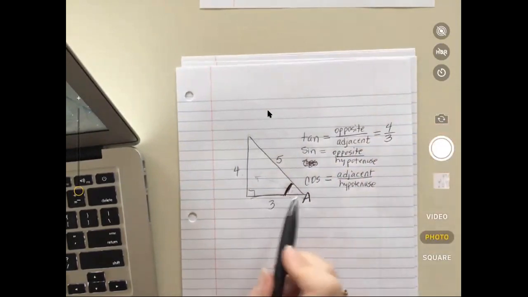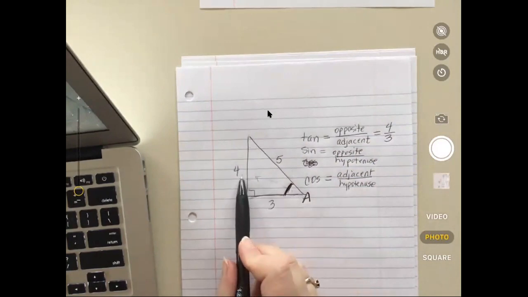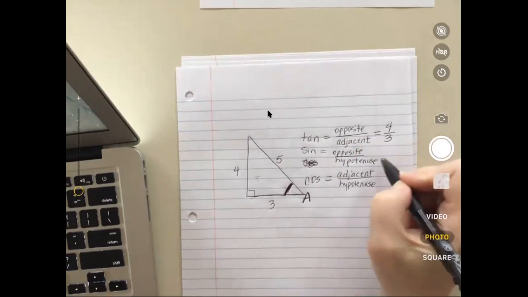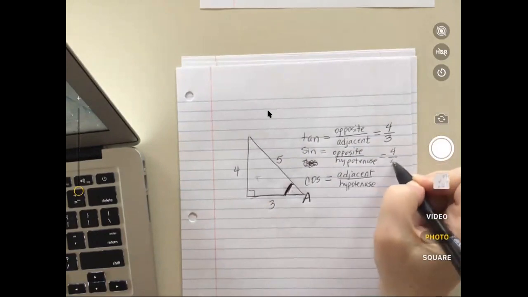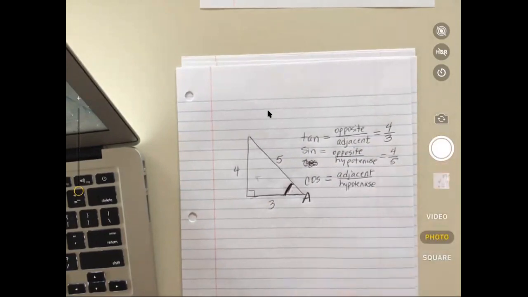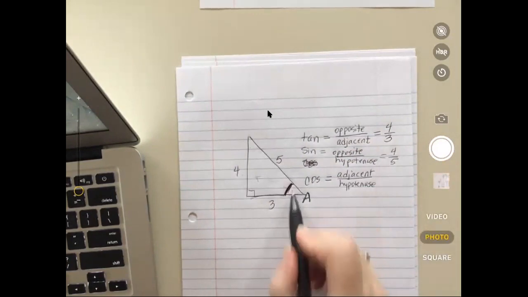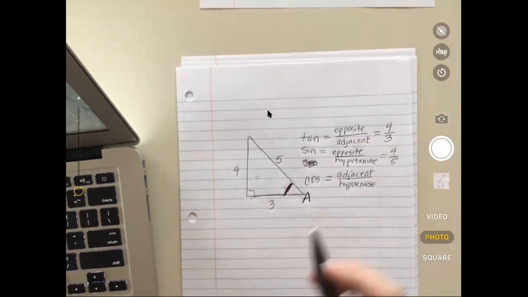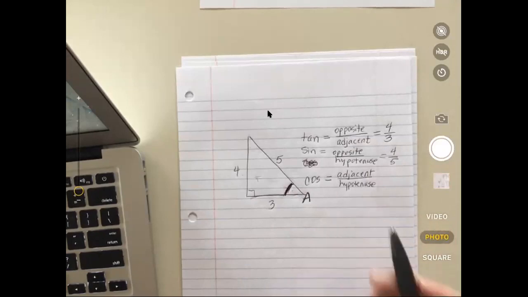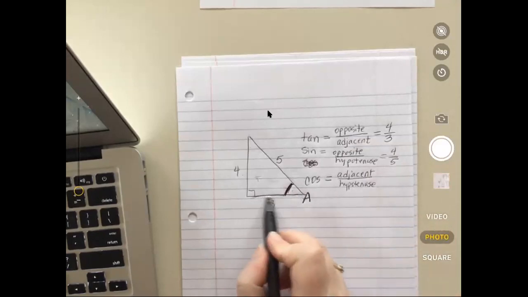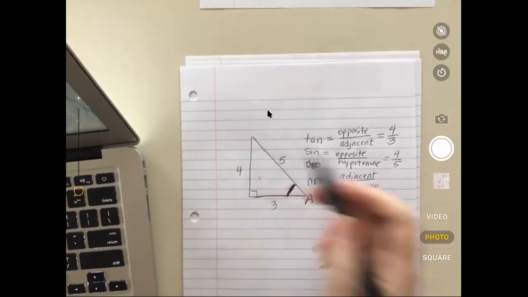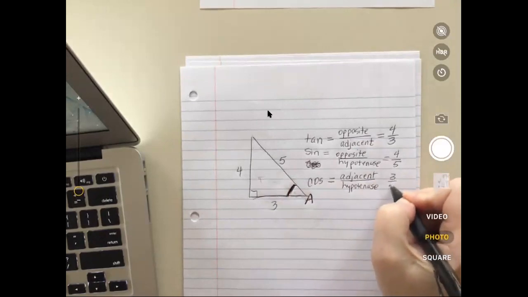The sine for angle A is the opposite side over the hypotenuse, so it's 4 over 5. The cosine for angle A is the adjacent side over the hypotenuse, so it's the one touching angle A over the hypotenuse, 3 over 5.